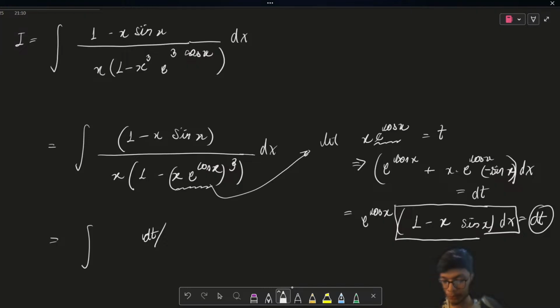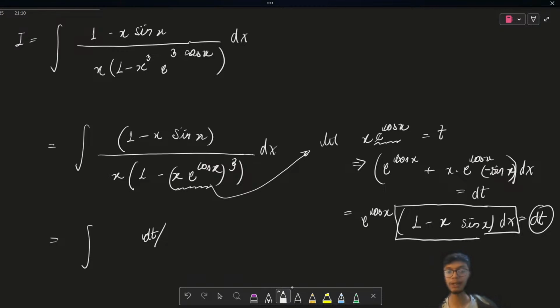So what I'm going to do over here is that I think I'm pretty much doing the correct one. Just let me check once more. This is basically dt, so x e to the power cos x times (1 minus x sine x), yeah, okay, fine. So therefore, what we got over here is that we have one more term.